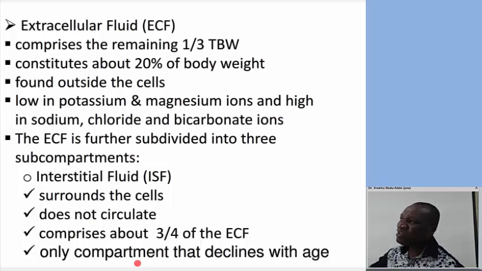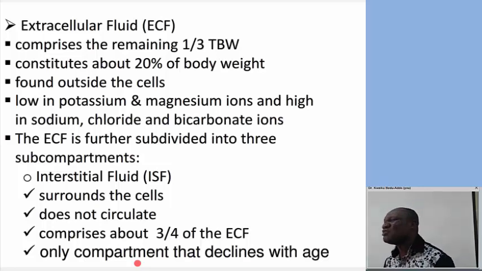So, we said the extracellular fluid is 1/3 of the total body water. And out of this, 3/4 will constitute the interstitial fluid. Now, the interstitial fluid compartment is the only compartment that declines with advancing age.